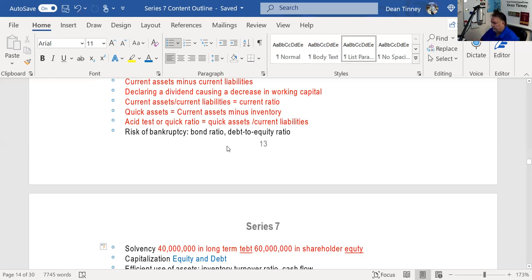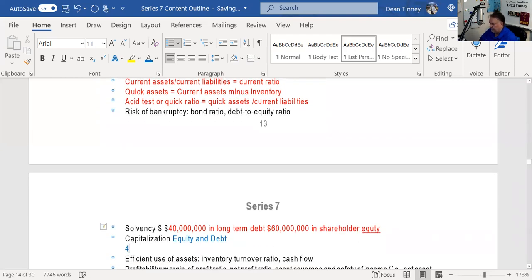And in my example that I just made up, we had 60 million here. And so here we have $100 million.